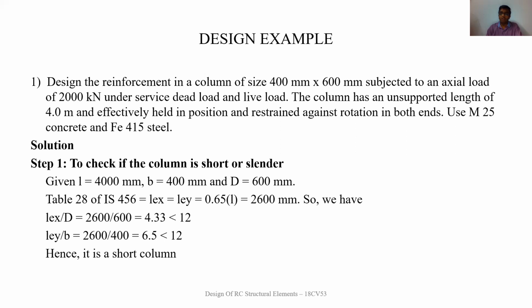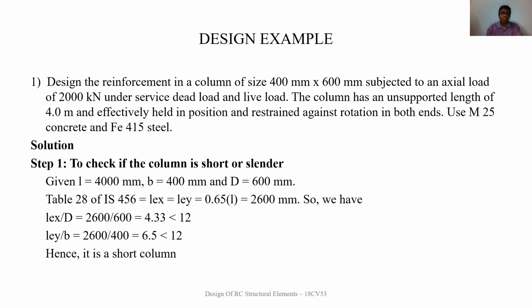The unsupported length of the column is 4 meters, and the end supports of the column are effectively held in position and restrained against rotation at both ends. The grade of concrete given is M25 and the grade of steel is Fe 415. We need to design the reinforcement for this particular condition.